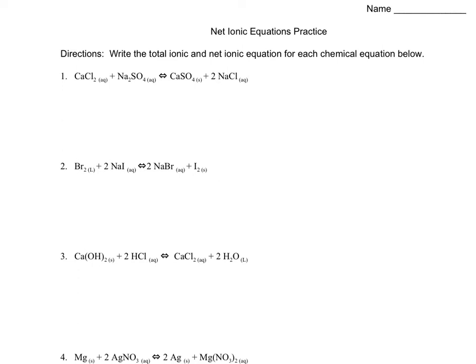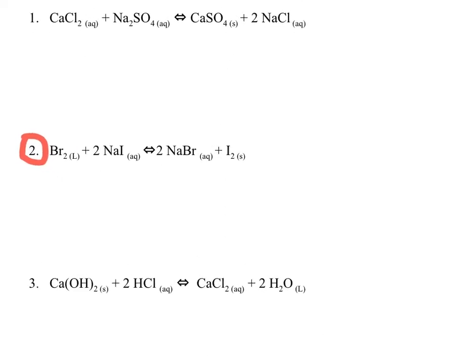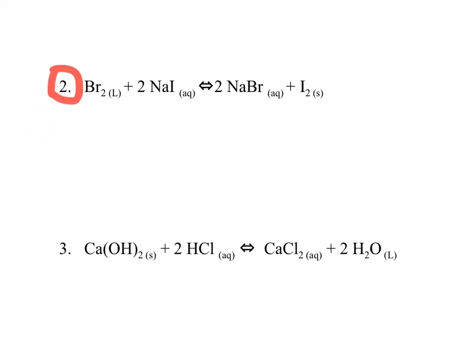We're going to do number 2 on this practice sheet. One of the key things with net ionic equations is that we are only breaking apart aqueous solutions. So we have to look at these states right here.